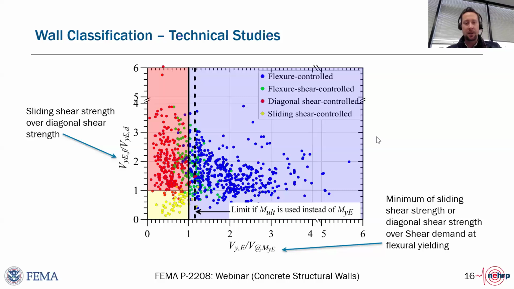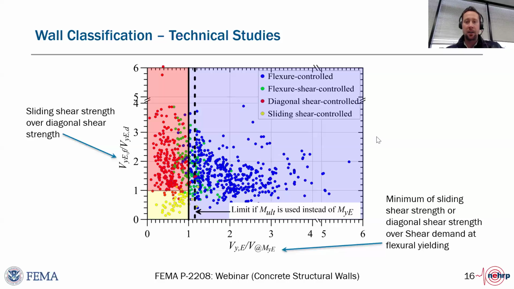That probably sounds a little complicated, but the big thing is in the orange or yellow there, I guess it's more yellow, you'd expect those walls to be sliding shear controlled. The actual yellow dots were observed. So the actual observation of the wall behavior in the experiment was sliding at the base for those yellow dots.